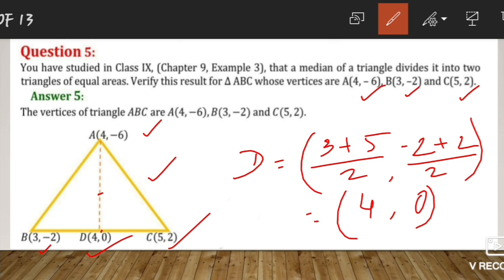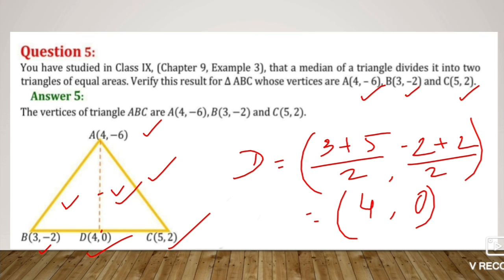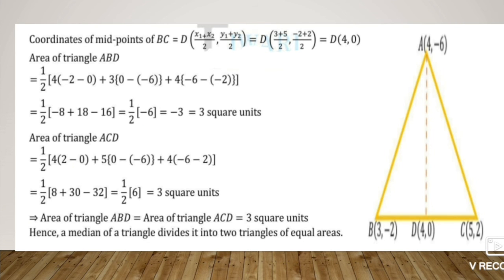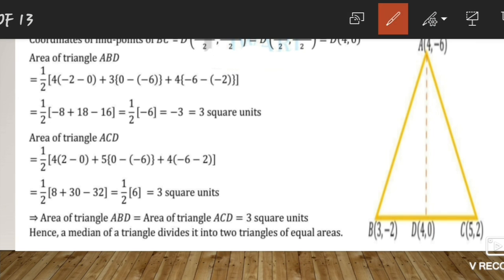Okay. Now, as you can see, this AD will divide triangle ABC into two parts. One is ABD, another one is ACD. Now, for triangle ABD, the coordinates are given, so you can use the area of triangle formula from 3 vertices. You will find that the area of triangle ABD is 3 square units.